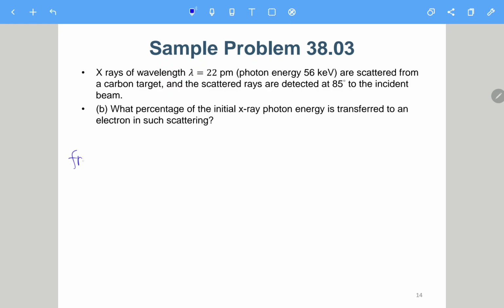The fraction of energy transferred equals, originally the energy is hf, and after the collision it is hf prime, and considering the fraction, the denominator should be the original energy. Okay, and then the h's all cancel.